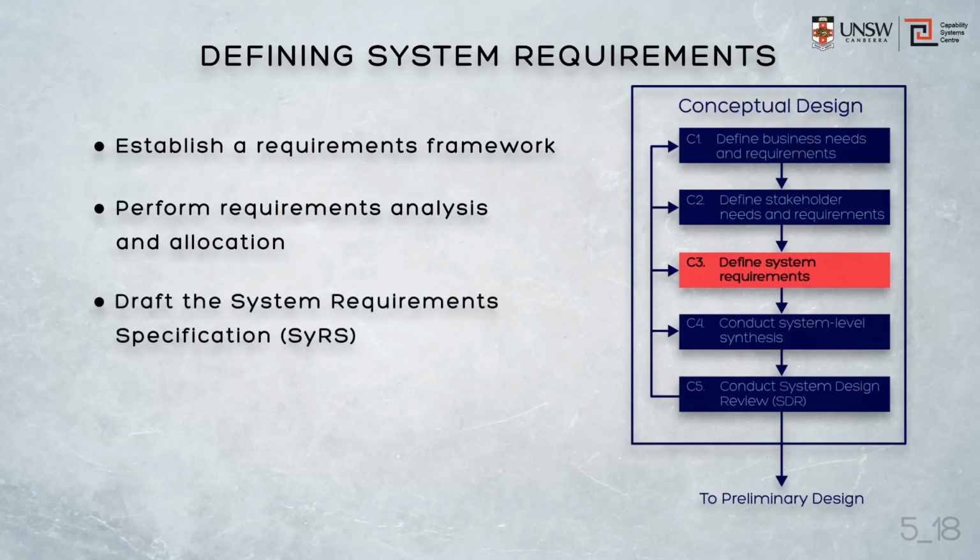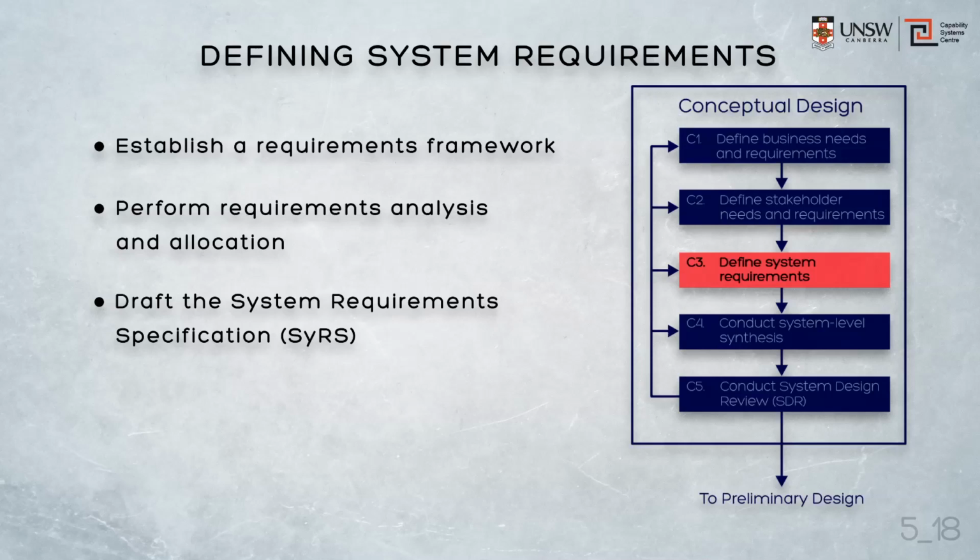We'll record the system level requirements in an artefact that we're going to call the System Requirements Specification, or the SYRS. As we're drafting this artefact, we establish and maintain traceability from our system requirements back to the stakeholder requirements, just to ensure that everything we specify has a reason for being there. We also trace from the stakeholder requirements forward to the system level requirements to ensure that we've addressed all of the stakeholder requirements.